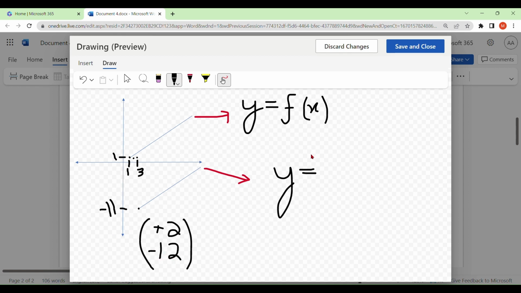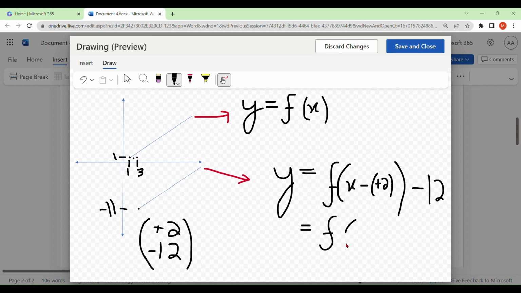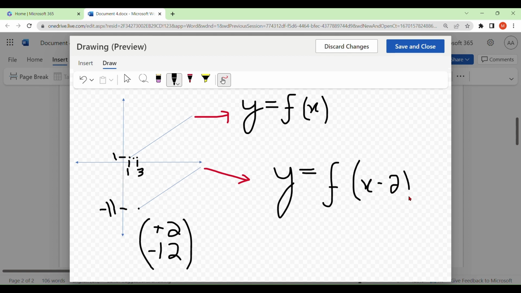However, you would expect it to be f of x plus 2, but as the general form is x minus a, it would be x minus 2, minus 12. And the final equation would be f of (x minus 2) minus 12.